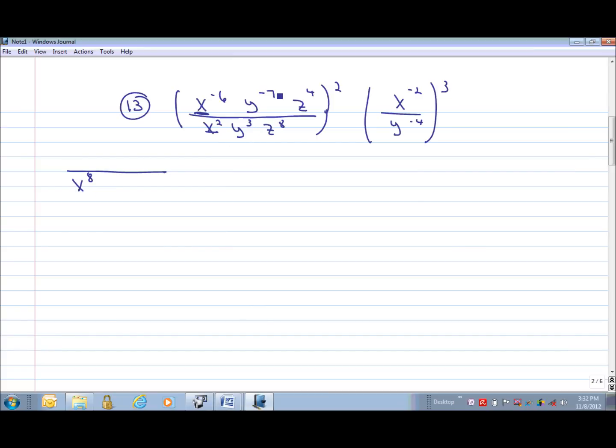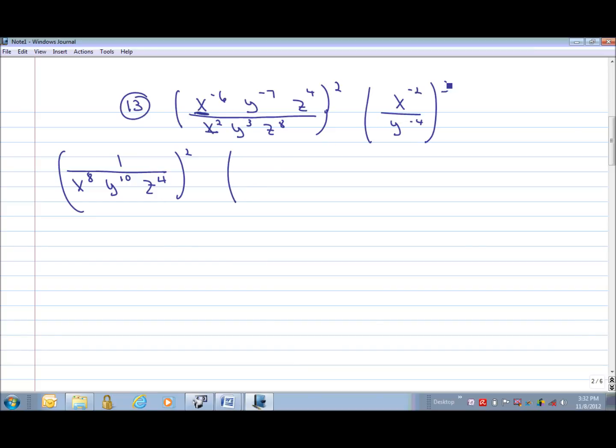For y, the 7 would come down and be 3 minus negative 7. That would make it y to the 10th. And the 4 would come down and subtract from 8, and we would have z to the 4th, leaving nothing at the top, so we'll have 1 hold its place. Of course, everything is still squared. On the second side, we really can't do much, so I'm going to go ahead and just take power to power.